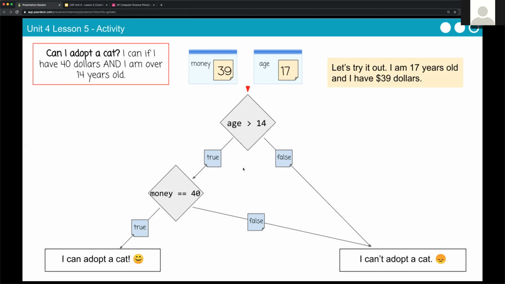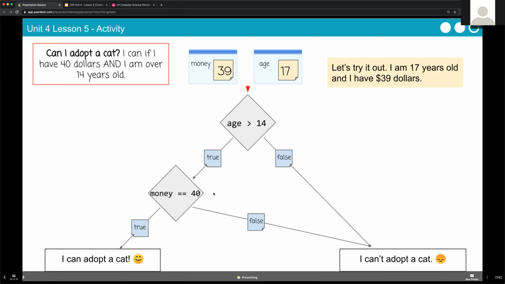Again, I can adopt a cat if I have $40 and if I am over 14 years old. So I'm going to have to evaluate 2 different Boolean expressions here. The first thing in this flowchart is whether or not I am over 14 years old.